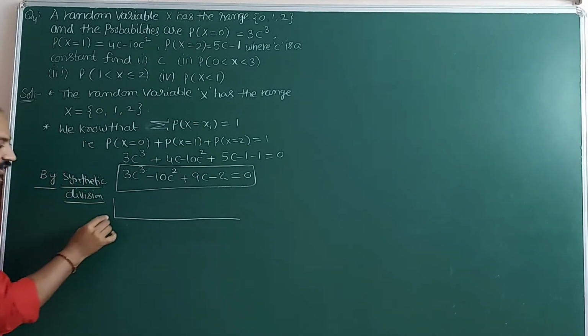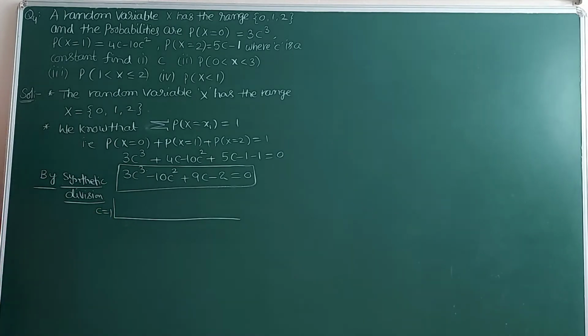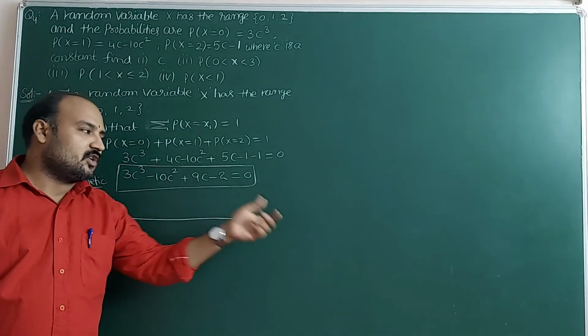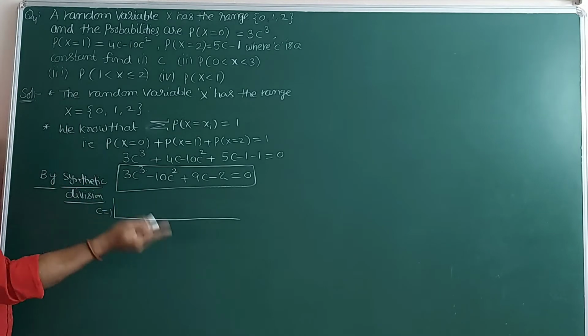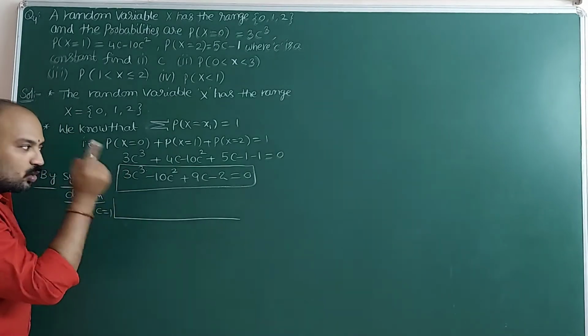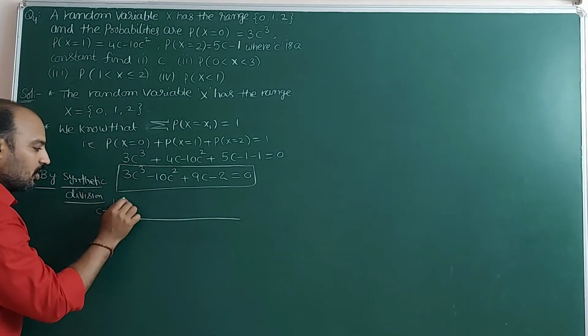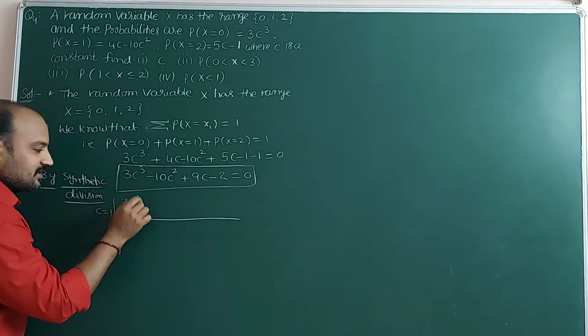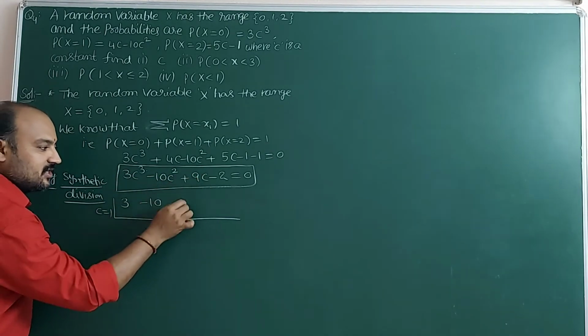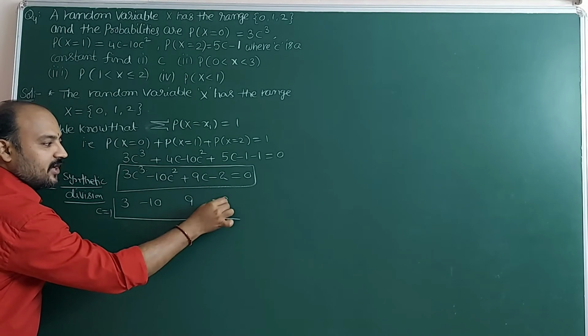So why we are doing with c is equal to 1? Just now I explained. The sum of the coefficients of the polynomial is equal to 0. Then 1 is the factor or 1 is the root of this polynomial. So c cube coefficient is 3, c square coefficient is minus 10, c coefficient is 9 and constant is minus 2.